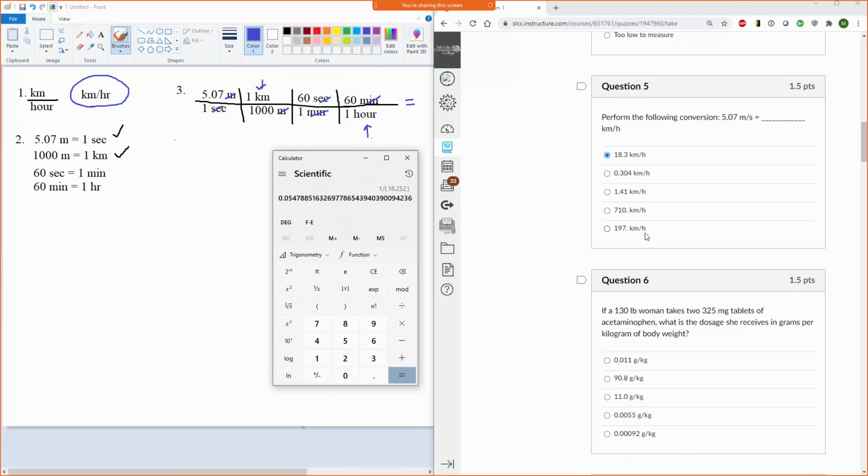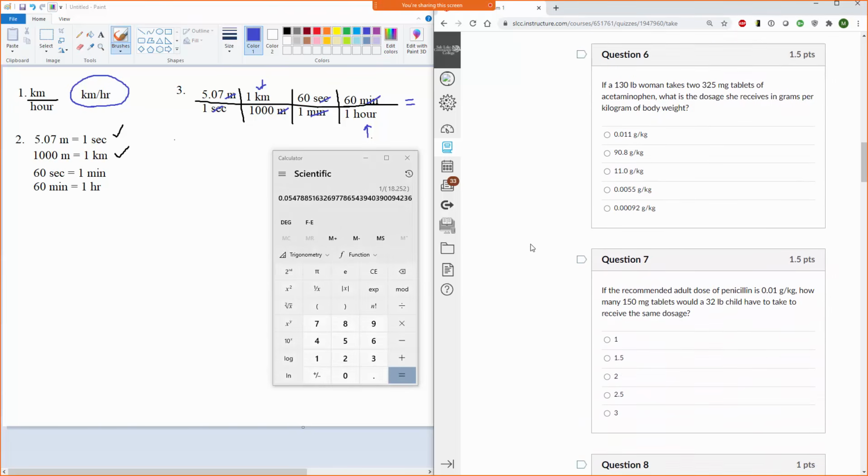And that might, oh, that's not on there. Right, but if you forgot one of your 60 minutes per hours, or if you forgot to do the 1,000 meters per kilometer, there are a lot of other things you could do that would give you some of these other numbers, so be careful.